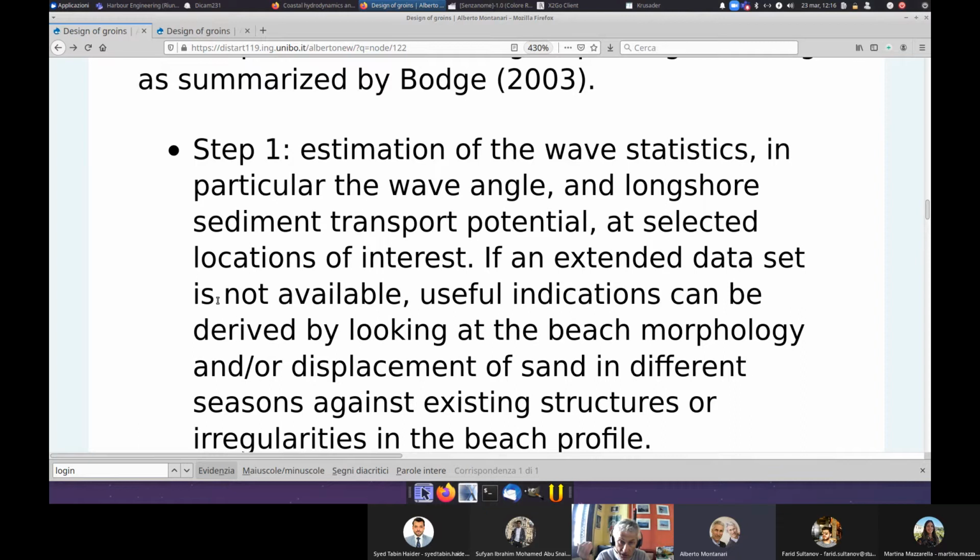And then you should look at the beach morphology. So you go to the place, and this is an exercise that you may do already now. Go to the place, see if you can recognize clues, signs of the presence of a dominant wave direction. Usually, especially if you go to an undisturbed location, it's easy to recognize it, because you know the shape that a beach takes is a response, a reaction to the forcing that the beach is exposed to, and therefore, if you look at the shape, you can get information on the dominant forcing.